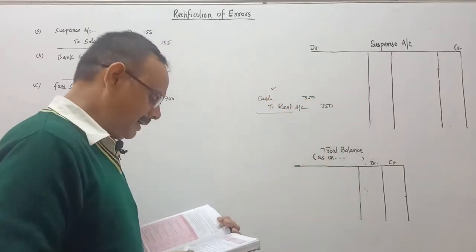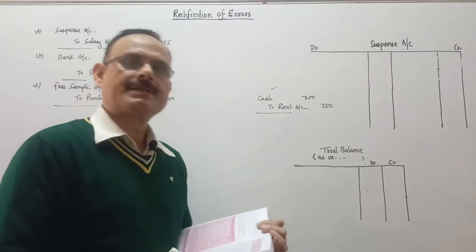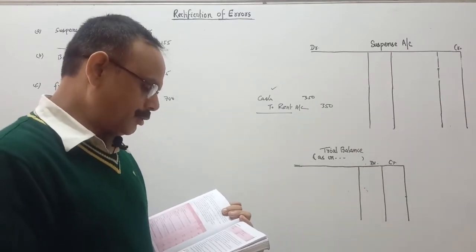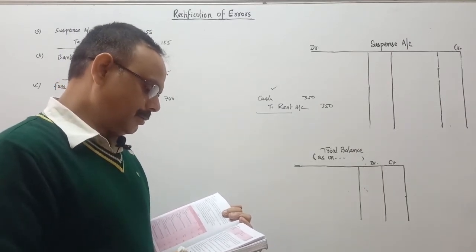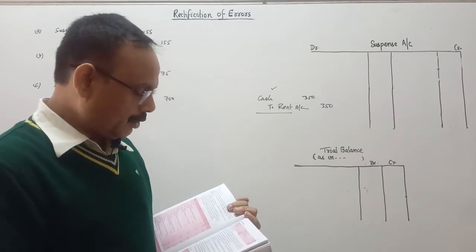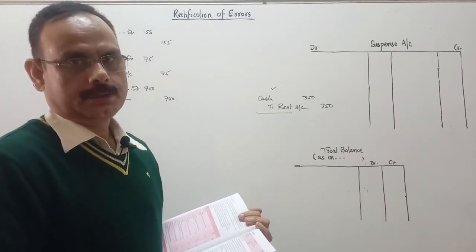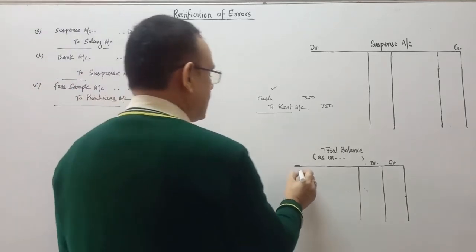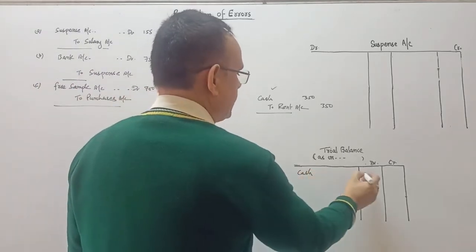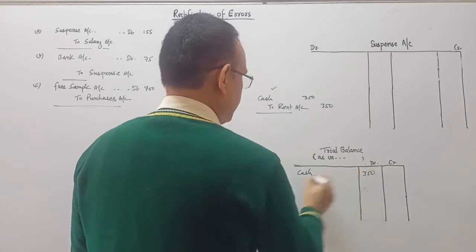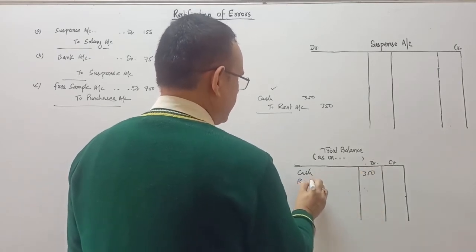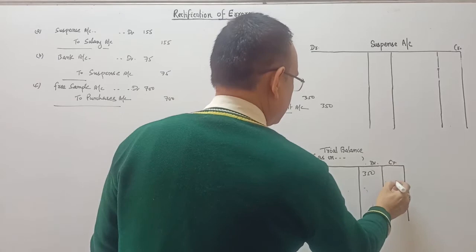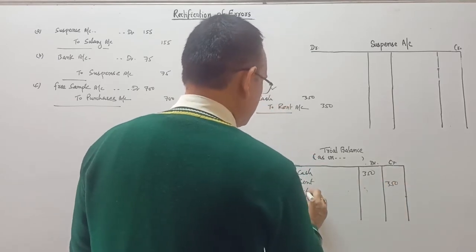So here what happened: rent rupees 350 received from Ashok was credited both to the rent account as well as the Ashok account. Both accounts are credited. While posting, cash is debited, rent is credited 350, and Ashok is also credited.